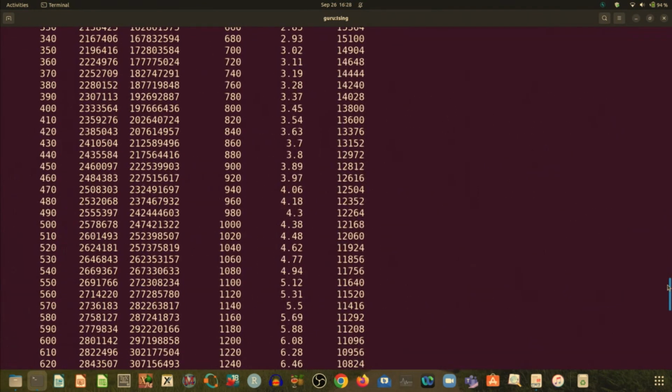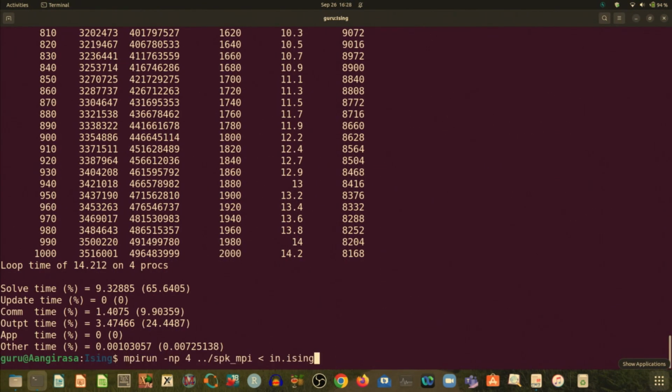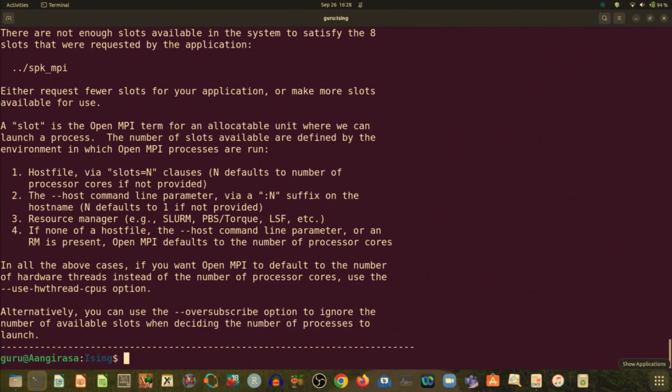You can also give, suppose I give 8, it does not run because I do not think my computer allows all the 8 processes to be taken over by this. And for that there is a command which Ferdy also showed the other day. So, you can say I think --oversubscribe, and you can see that in the last line of that message, right.